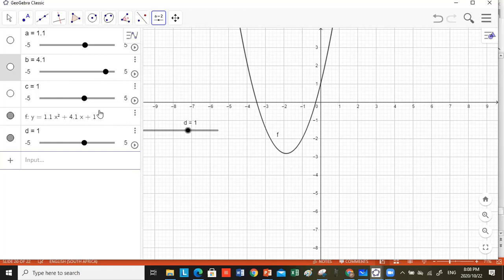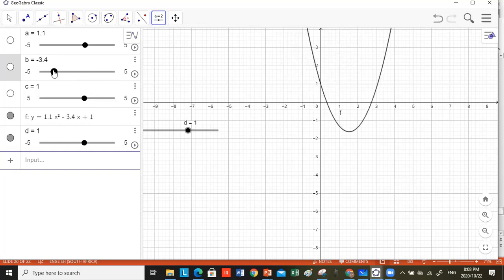So always it is going to pass at +1. Let's do it again. If I'm decreasing it, it remains there and it is sticking at +1 because that is the y-intercept. This is where the graph is going to go through.